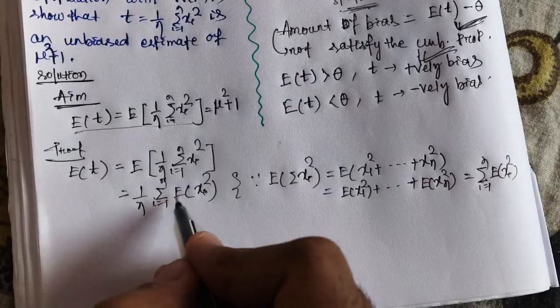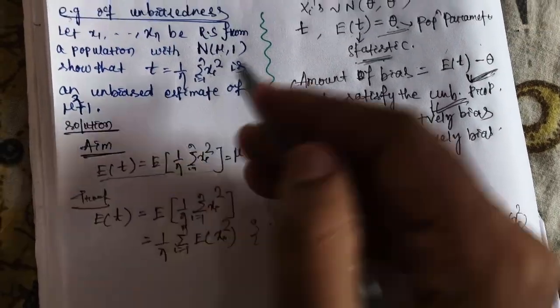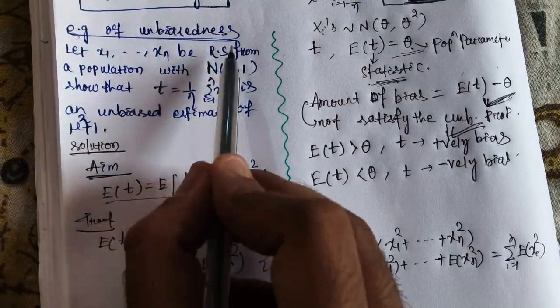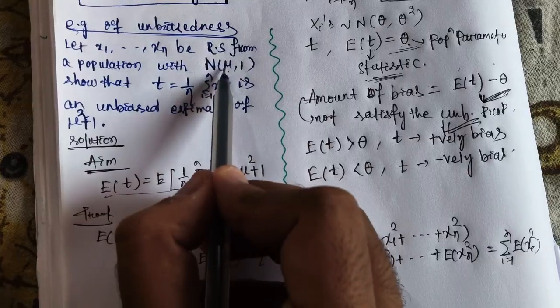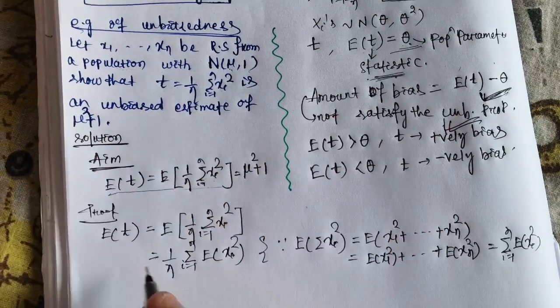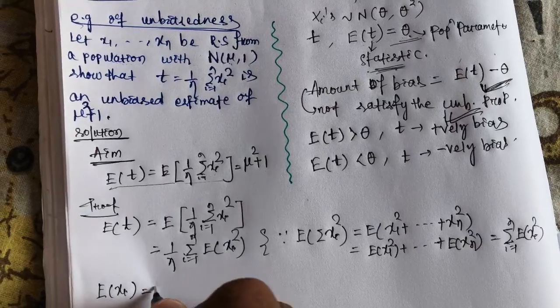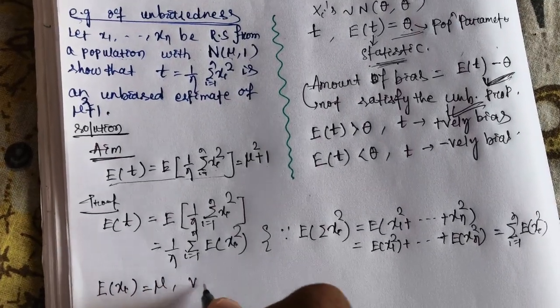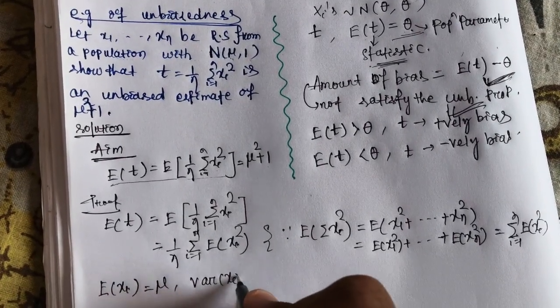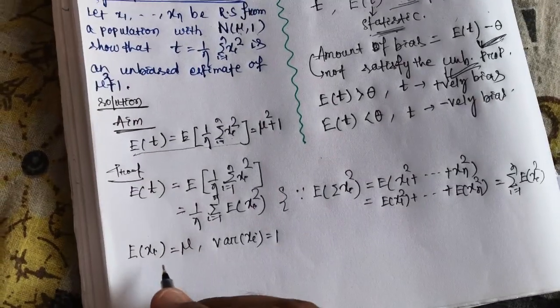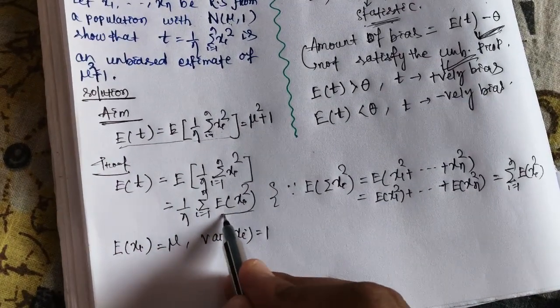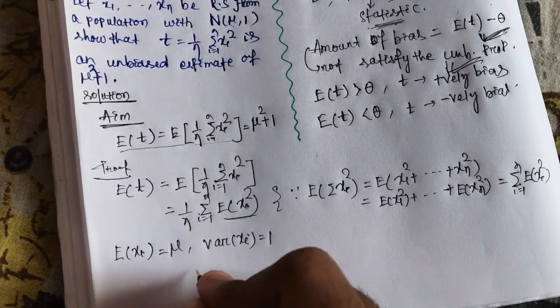So now here we have data X1 to Xn, a random sample from a population with mean mu and variance 1. So here we have given expected value Xi equal to mu and variance of Xi equal to 1. So we need expected value of Xi square. How to do that?